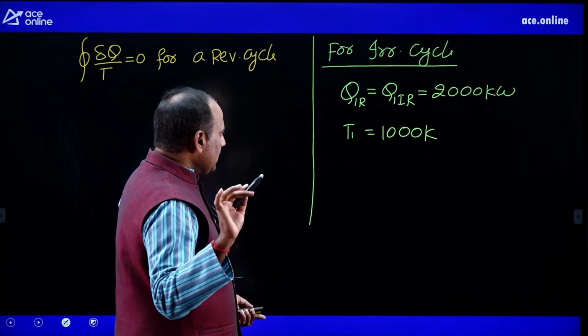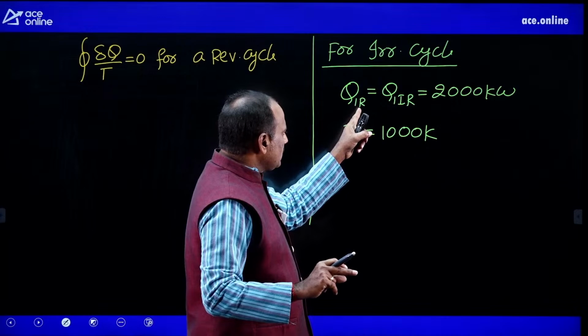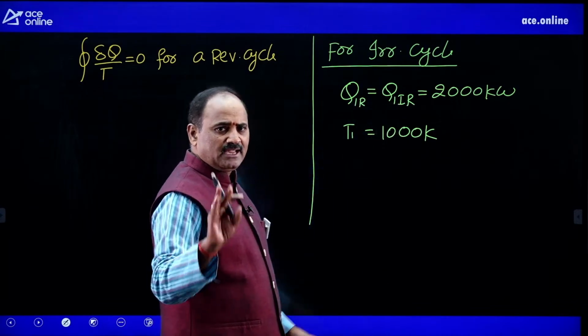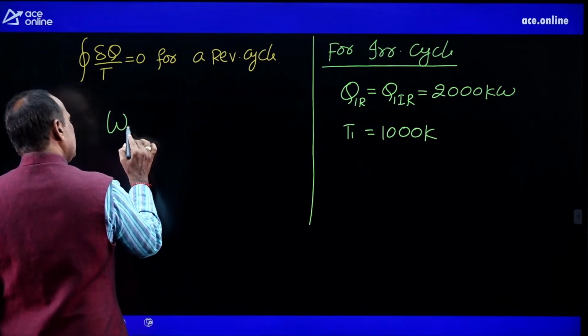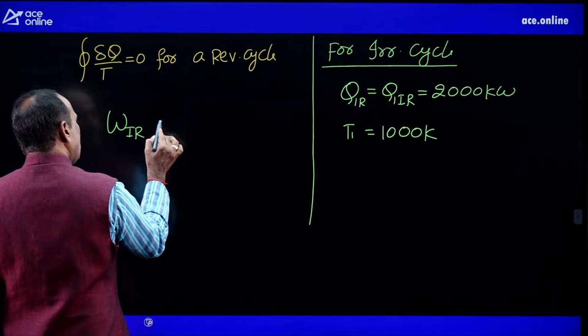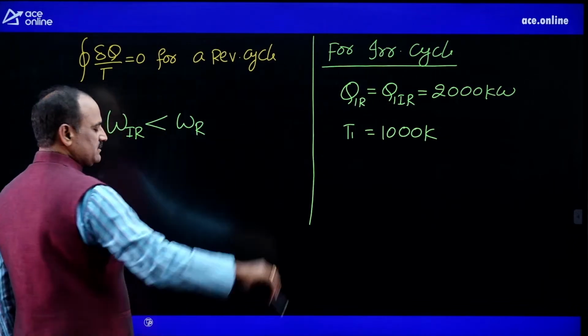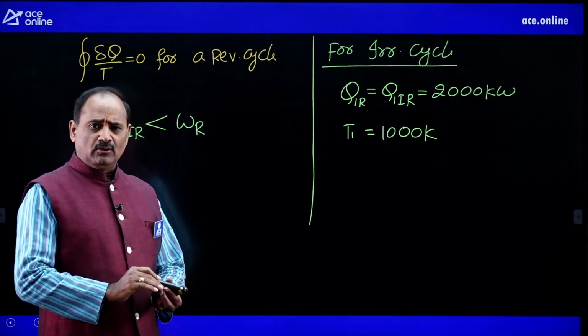Next, dear friends, remember, though you are supplying the same amount of heat energy for both the reversible cycle and the irreversible cycle, the net work output of the irreversible cycle is always less compared to the work output of the reversible cycle. Take a practical petrol engine.